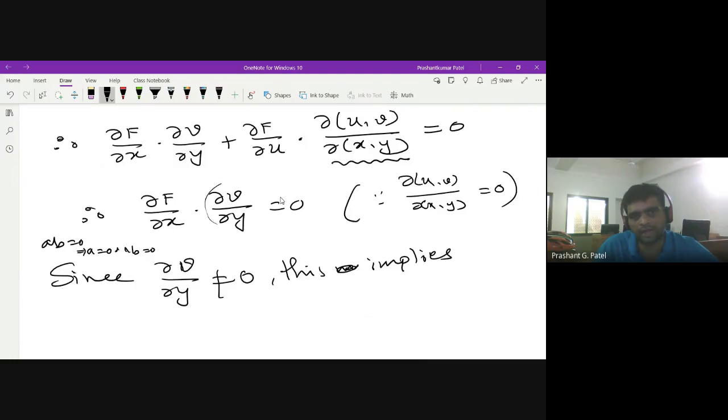And here del v by del y is non-zero. So that's why del f upon del x has to be 0. If del f upon del x is 0, then we can say f is independent of x. Okay, and that's the objective we wanted to get.